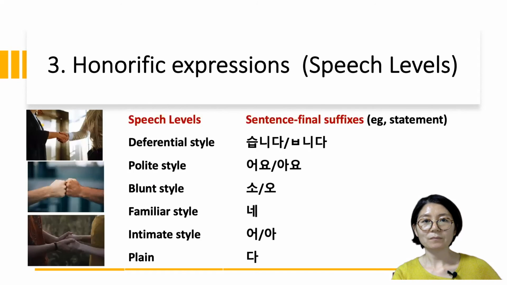And along the line, we also have some special sentence ending suffixes. We have as many as 6 different levels. The very basic one is plain, and then intimate style, familiar style, blunt style, polite style, and deferential style. And if it is a really formal setting, we'll use the deferential style, which is the utmost formal one.